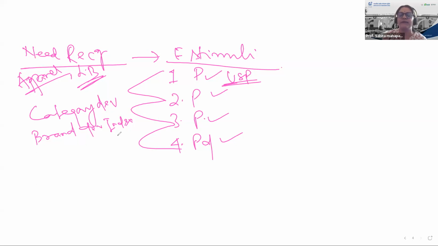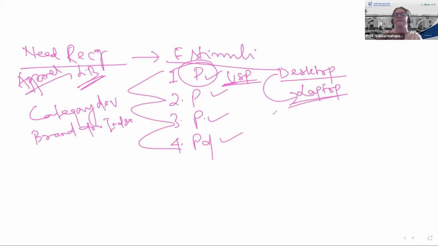Let us say I have a desktop and I don't want to go for laptop. As a marketer, what can you do with the product so that I will switch over from desktop to laptop? Hence, you are triggering a need for a laptop. How? Through product.